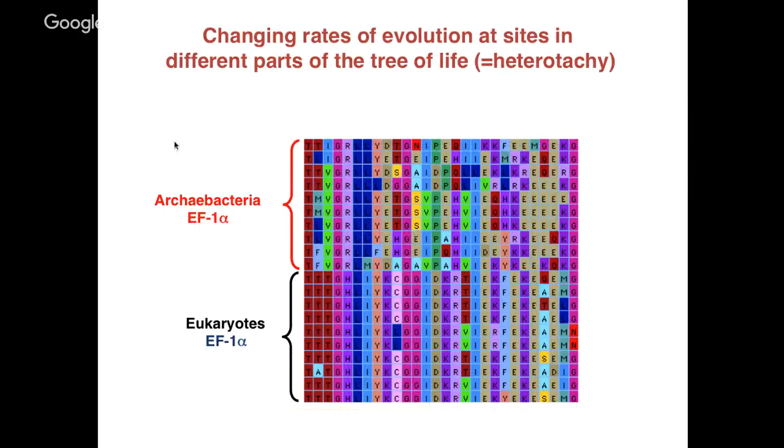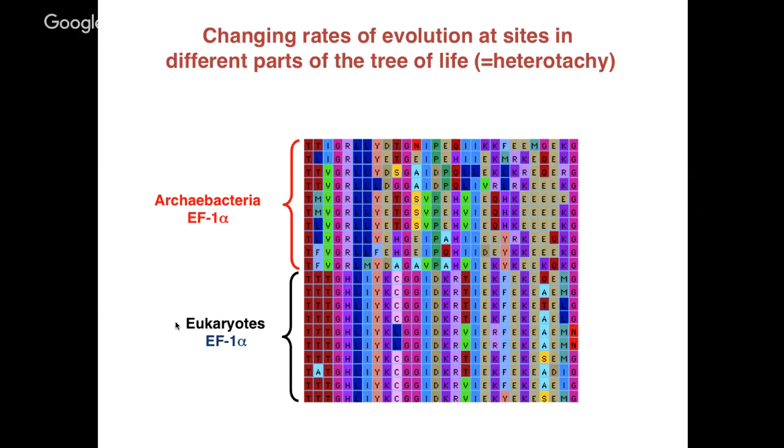Here's a segment of the elongation factor 1 alpha protein, the protein that delivers the charged tRNA to the ribosome during translation. It's just an aligned region between archaea or archaebacteria versions versus the eukaryotic version of the protein.